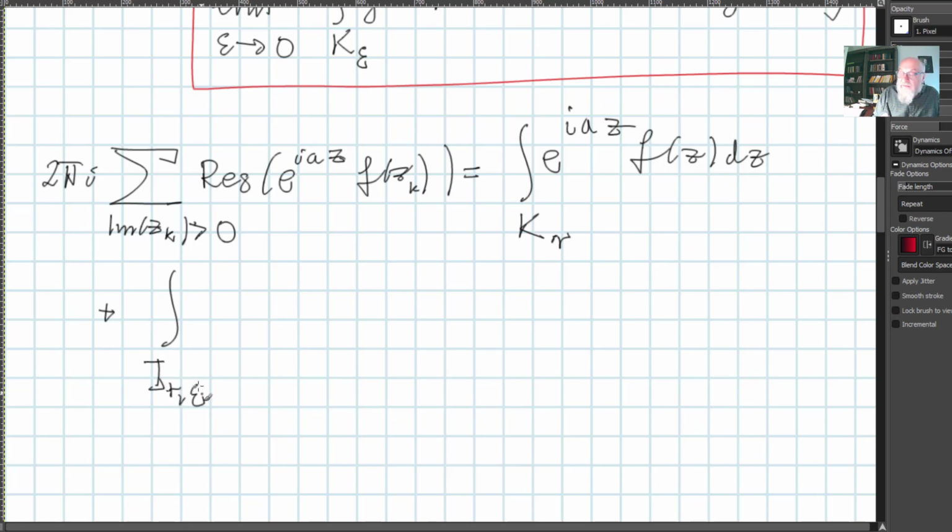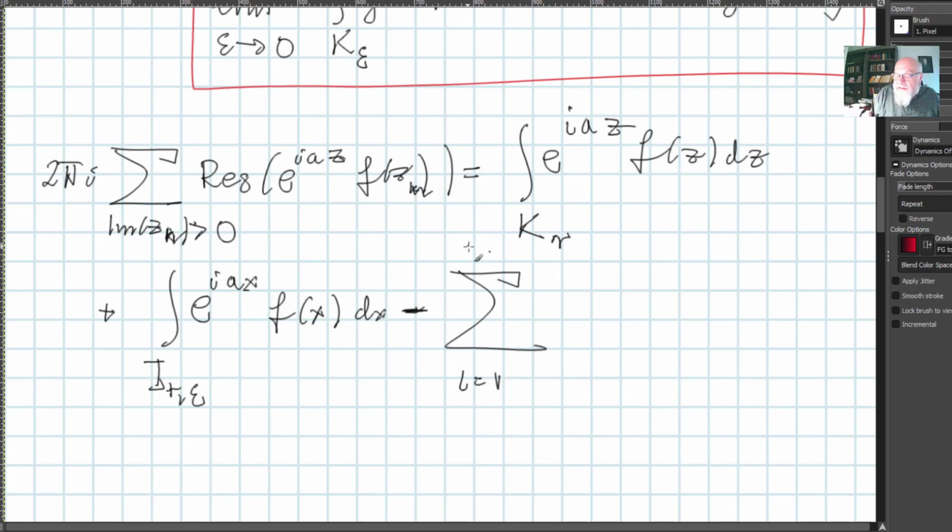But now everything is real, so I can forget z and simply write x. And then I also have the semicircles, but these semicircles are negative, so there is a minus. So I put here a sum, and I made a mistake, so put here n. We have k singularities.